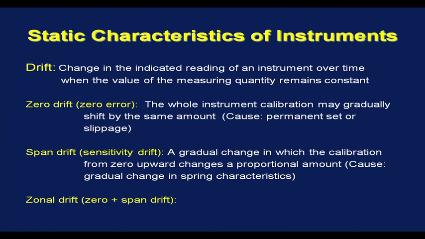This may be caused by a gradual change in the spring characteristics of the instrument. While zonal drift can be viewed as a combination of zero drift as well as span drift or sensitivity drift.